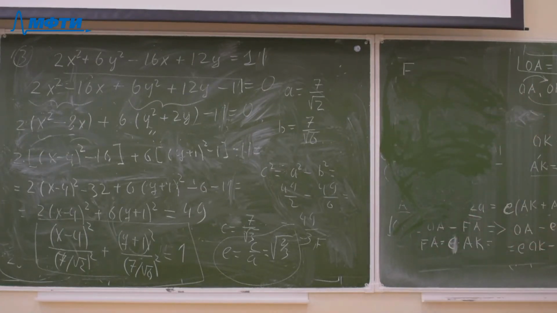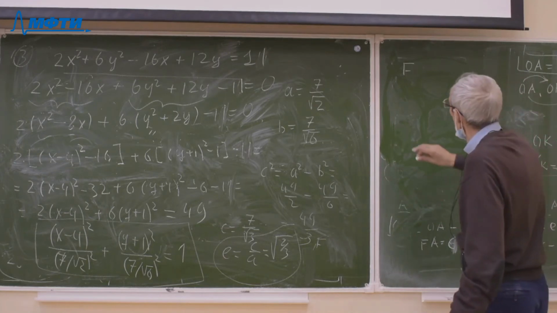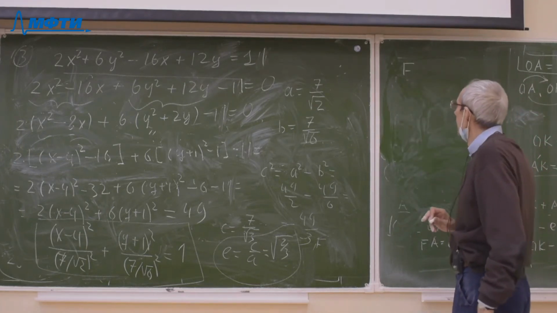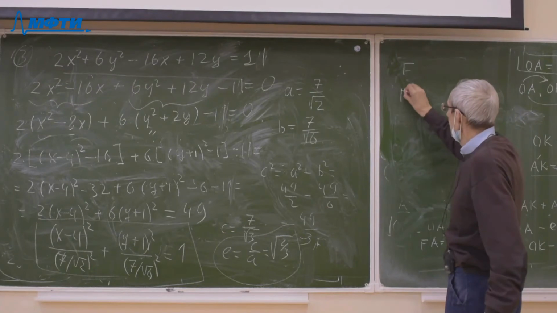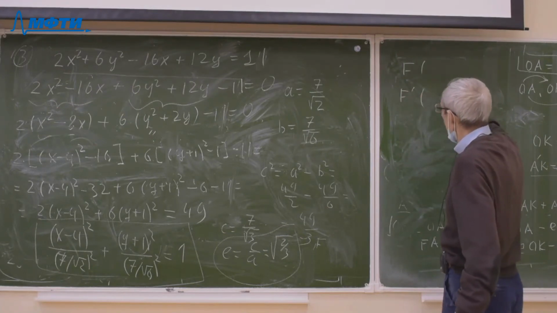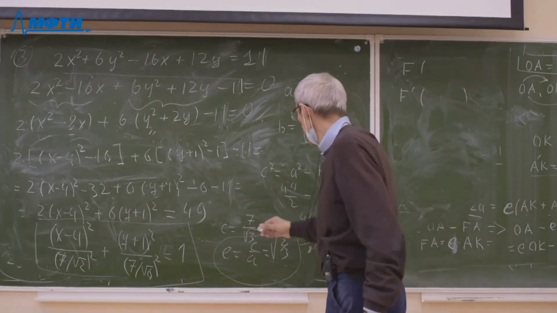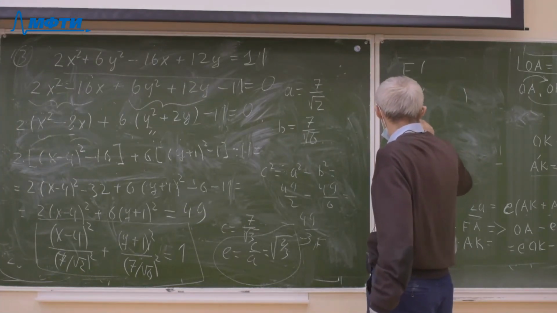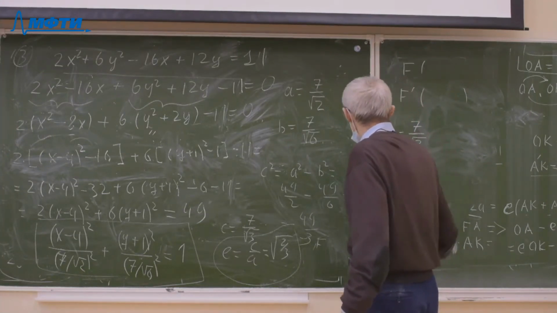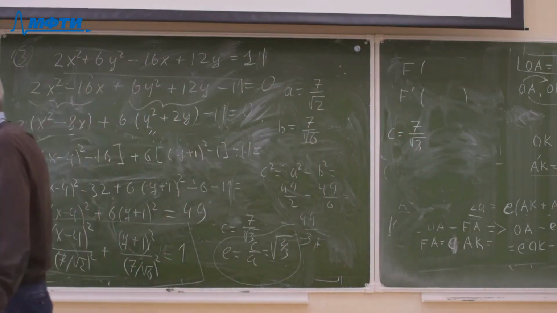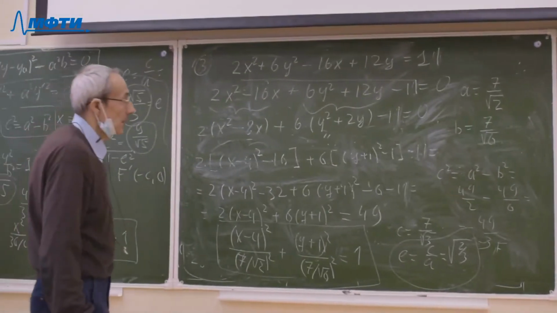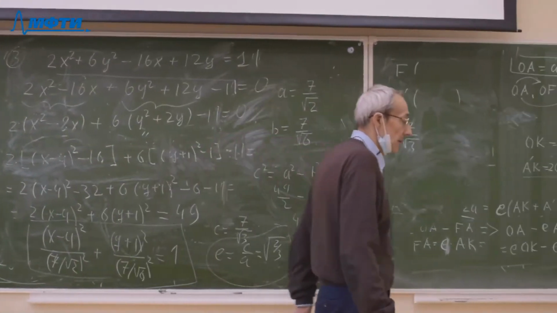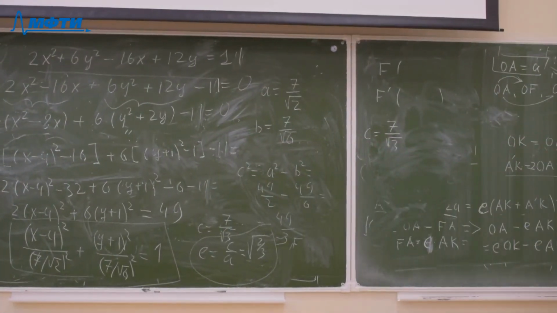But what are the coordinates of the foci F and F prime? We have c equal to 7 root square 3, but can we calculate the coordinates of the foci? How do we calculate these coordinates?